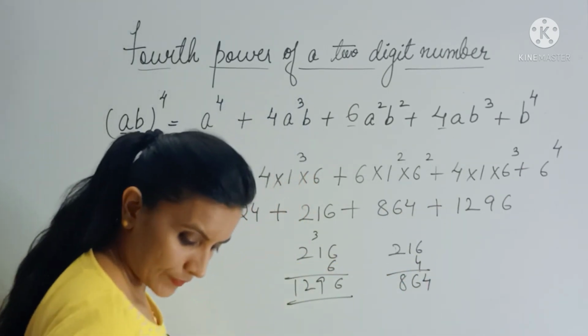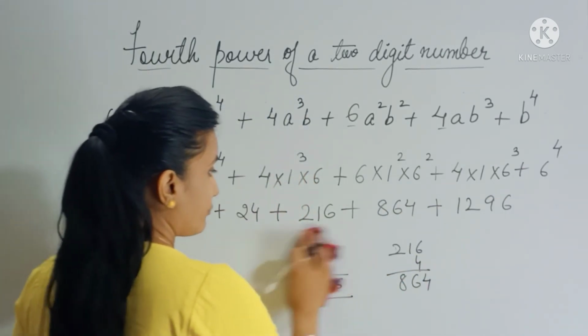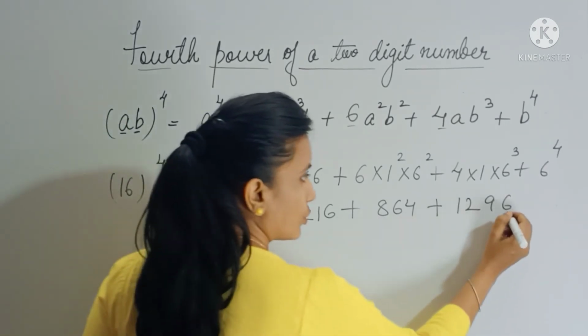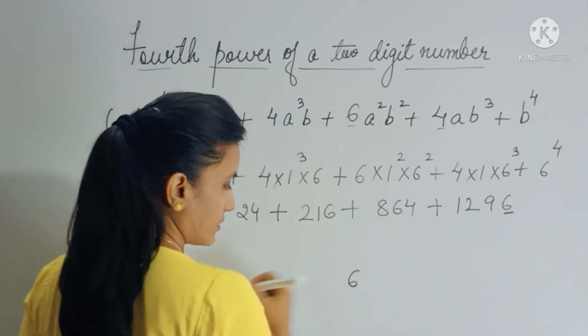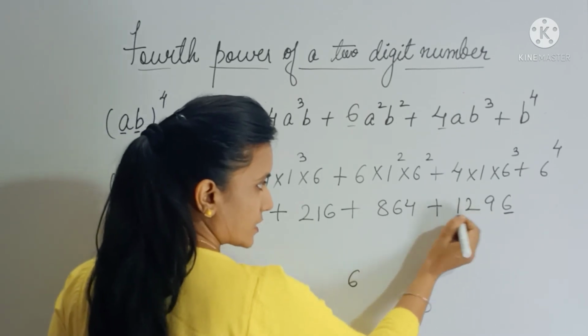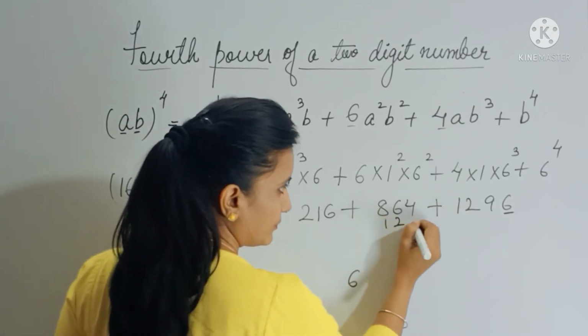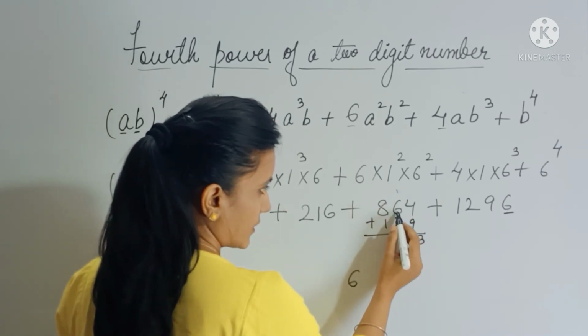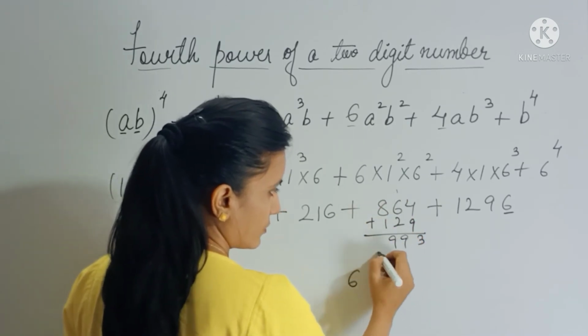Alright. Now you know that in the final answer we just write down the ones digit. So you will copy 6 in the answer, and the remaining 3 digits you will carry forward here. So you will get 3 and 1, 6, 7, 8, 9 and 9, so 993.